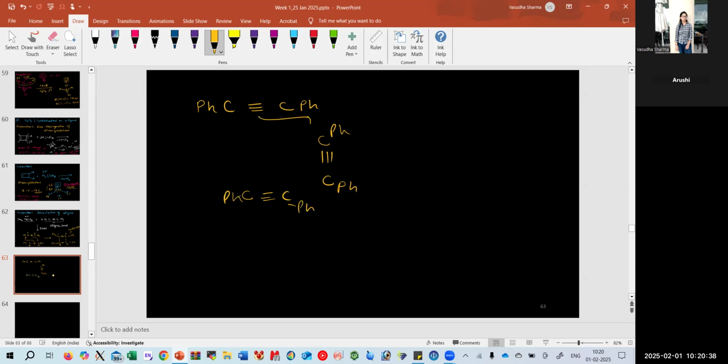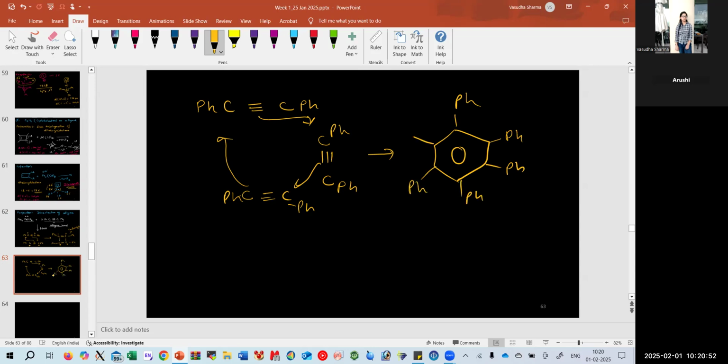So this way, then this way, and this way. Ultimately it would give you a substituted benzene ring with phenyl groups all over. But this particular group is not an active ligand, whereas this would come as your side product in these reactions.